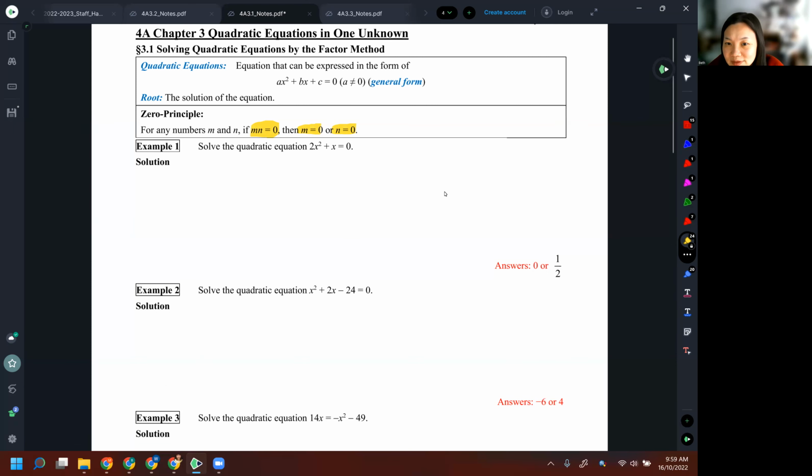You must have experienced that in S3. Some of them just cannot be factorized. So this method has some limitations. It cannot solve all the quadratic equations, not the ones that cannot be factorized.